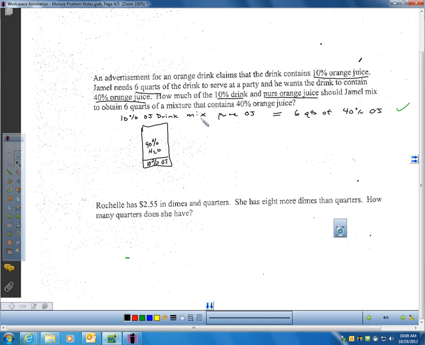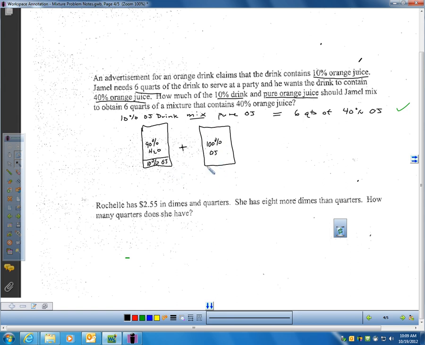Now, when you say mix, mix means we're going to add. We're adding pure orange juice to this. So this is 100% orange juice. Now, if it's 100% orange juice, how much water is in here?